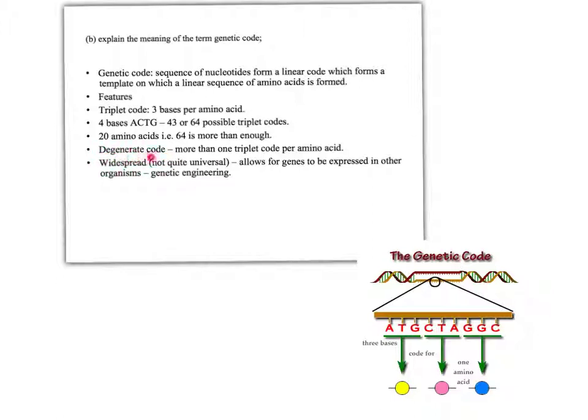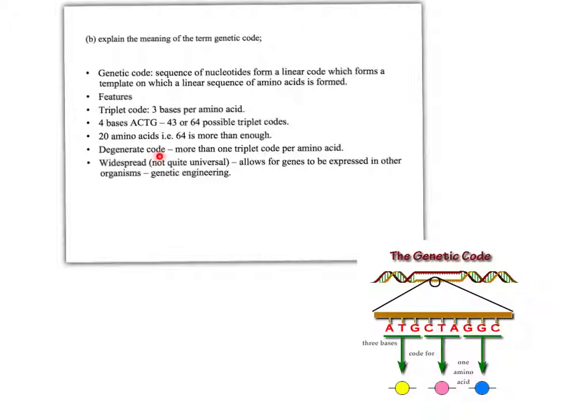They're not actually redundant, because there are multiple codes for each amino acid, and that's known as a degenerate code. We'll look at the importance, or one of the significances of this degeneracy when we come to look at mutations later on.